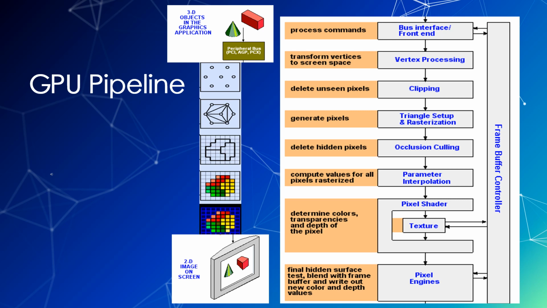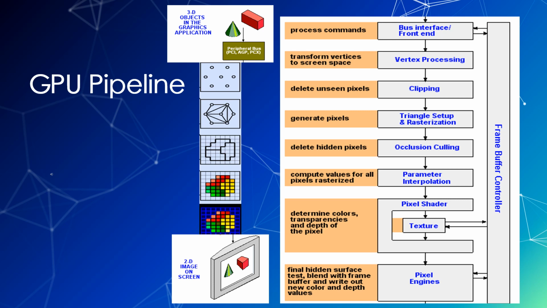We then go to triangle setup. Vertices are collected and converted into triangles. And rasterization is the process of filling those triangles with pixels known as fragments. Afterwards, the pixel shader adds texture and final colors to the fragments and gives the pixels their final attributes.